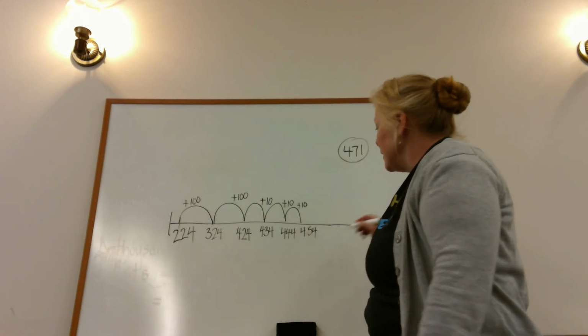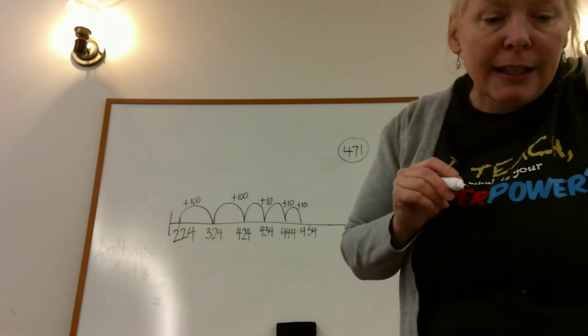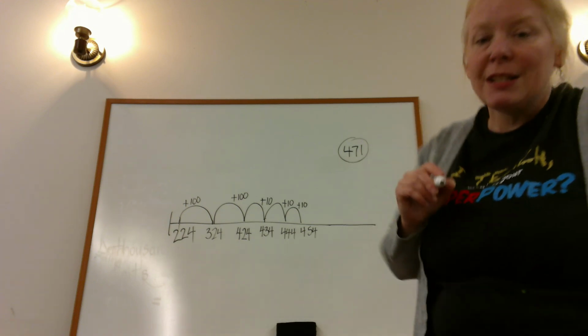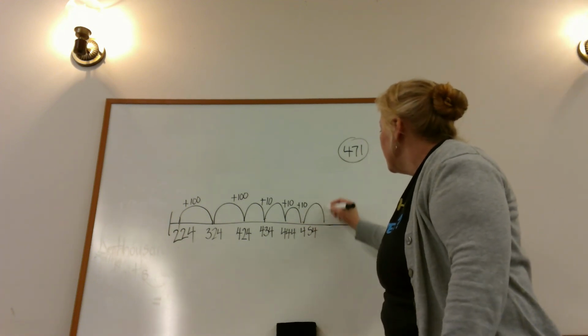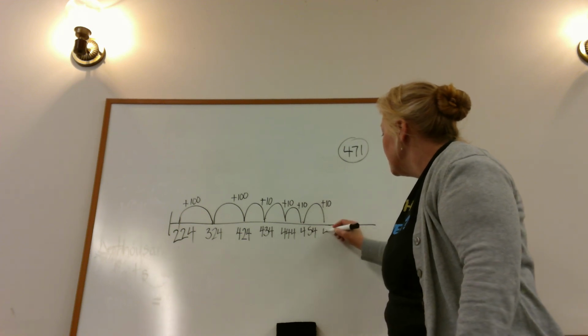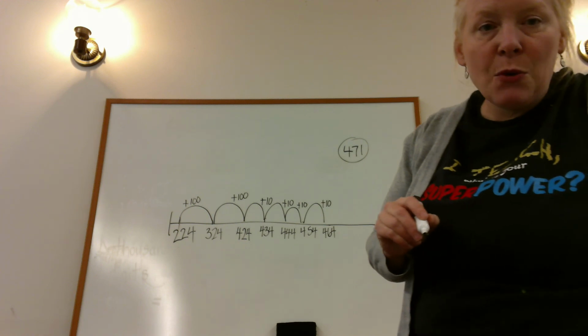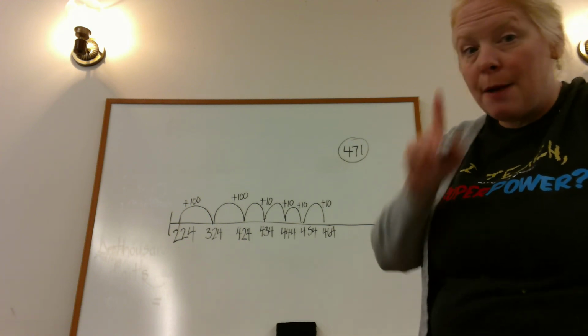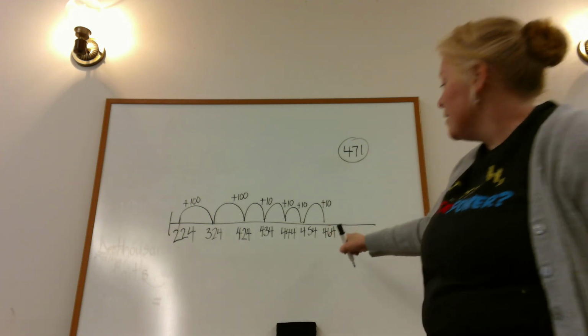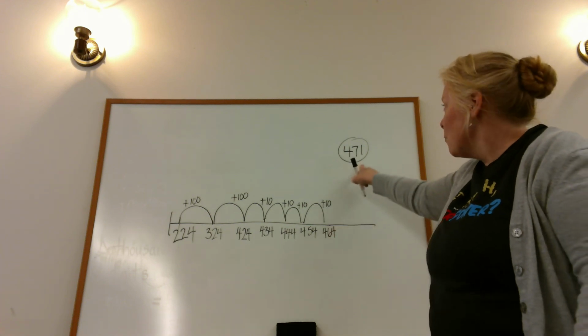I'm really glad I need to extend that line. Now what? Still a 10. 464. Can I stop? I'm almost there though. But if I add another 10 here, I'm going to be over this number.